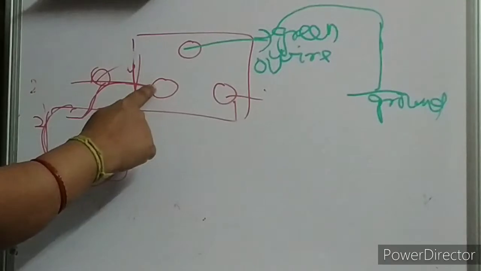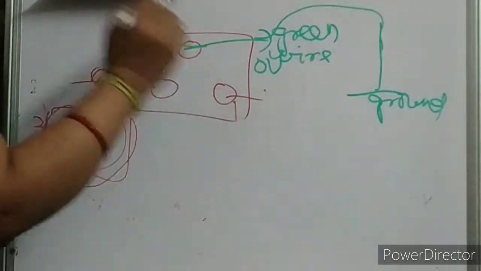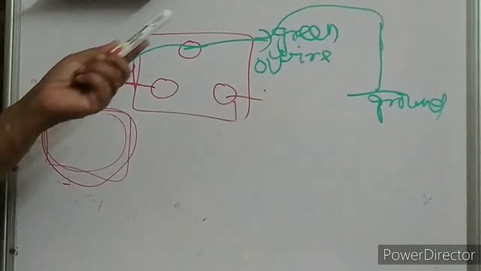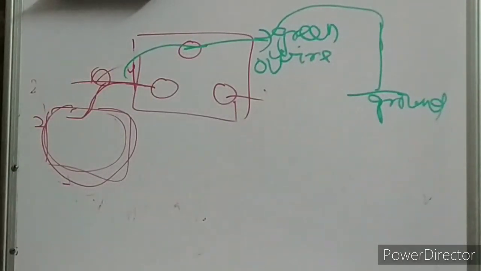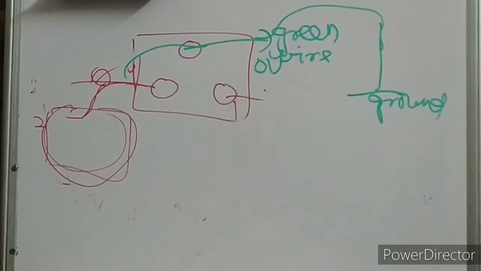Now the current will not flow through us. Current will directly flow through this green wire, as it has very low resistance, instead of flowing through us. Clear? That means it is saving us, children.